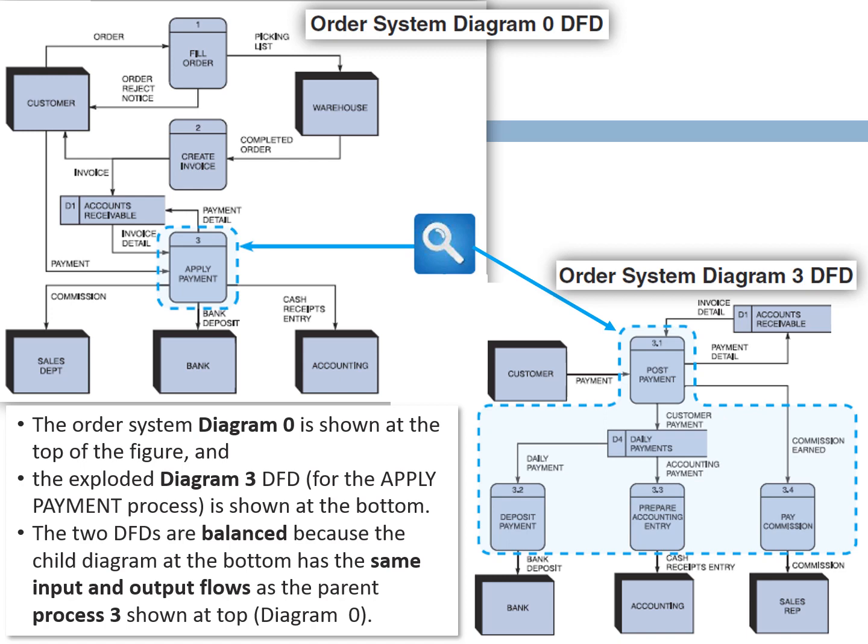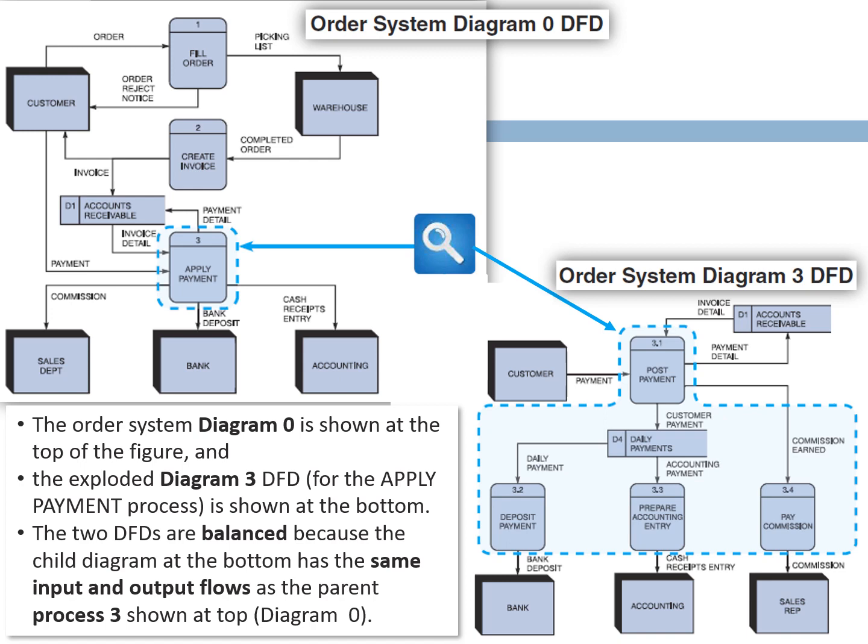Looking at process 3, you have payment detail going into accounts receivable, and invoice detail going into apply payment. In diagram 3, those data flows are also represented.